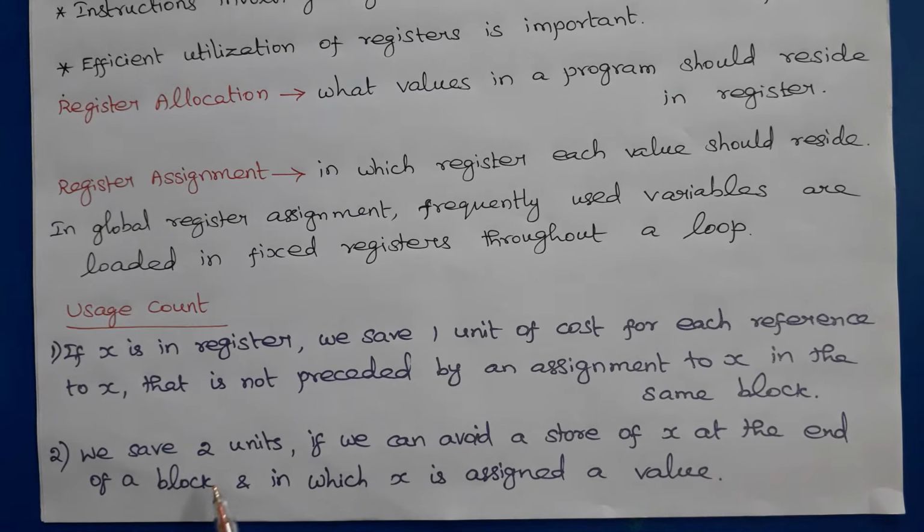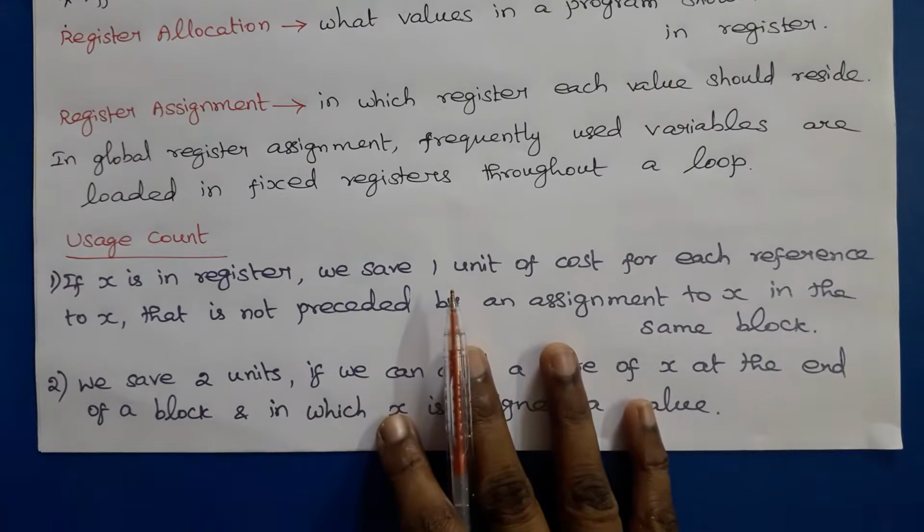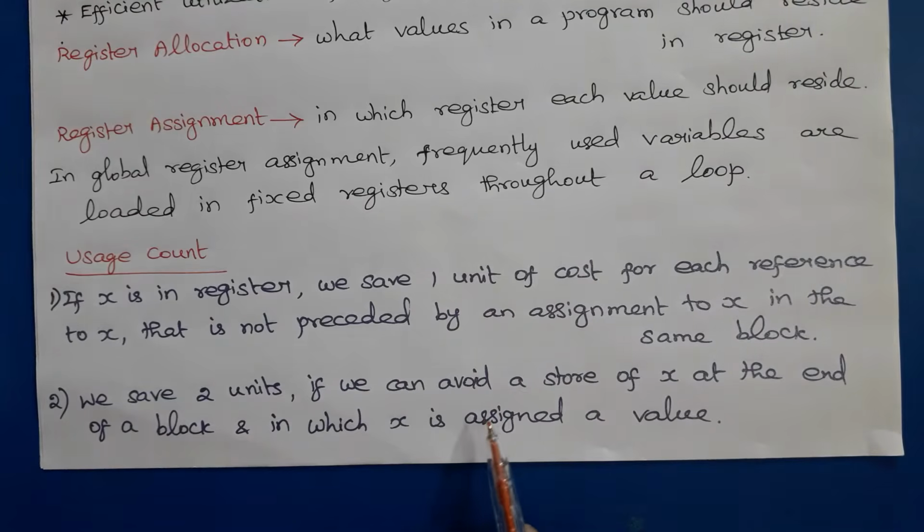We can also save 2 units of cost if we can avoid a store of x at the end of a block. That is, if a variable is live at the end of the basic block and x is assigned a value in the block, we save 2 units because we do not have to store it into a memory location. It remains in the register only.